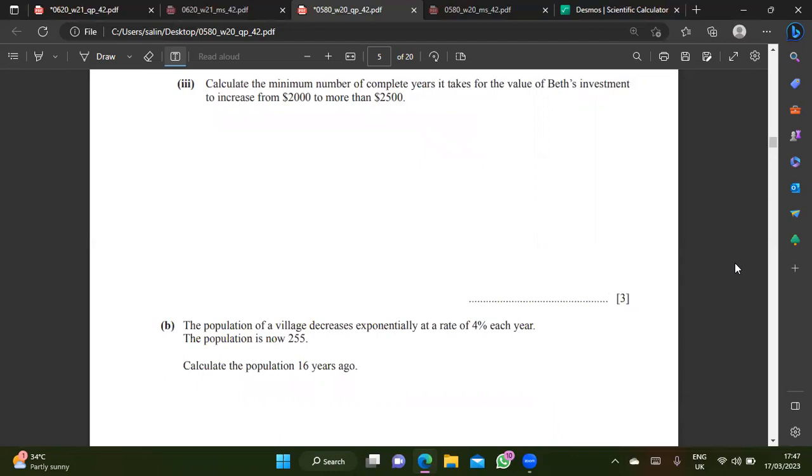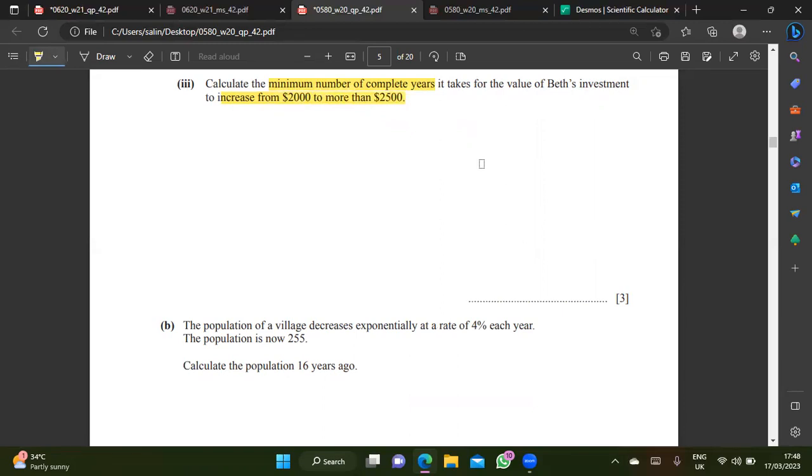Okay, now let's have a look at the next question. Calculate the minimum number of complete years it takes for the value of BEF investment to increase from 2,000 to more than 2,500. Again, this type of question you have to read twice.